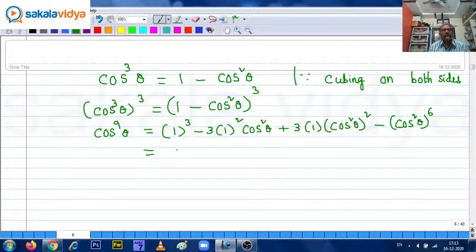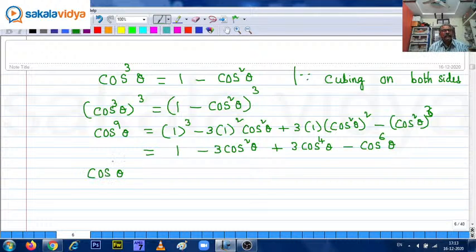So now this equals 1 minus 3 cos square theta plus 3 cos theta to the power of 4 minus cos theta to the power of 6. Now take this minus cos theta to the power of 6 to this side. So we get cos theta to the power of 9 plus cos theta to the power of 6.